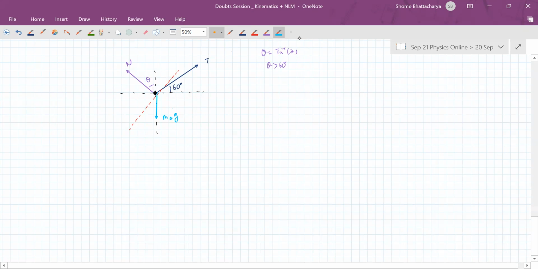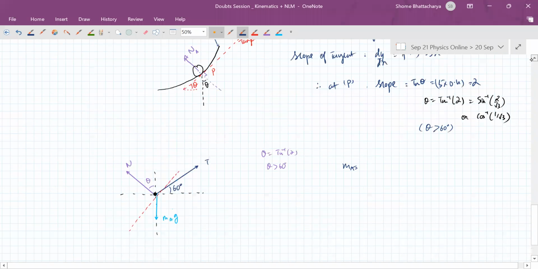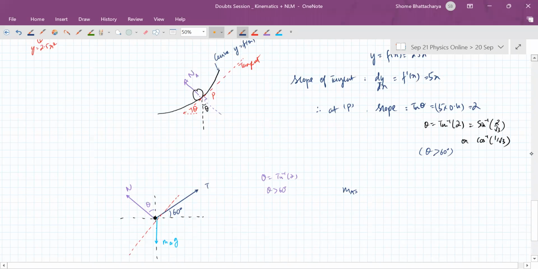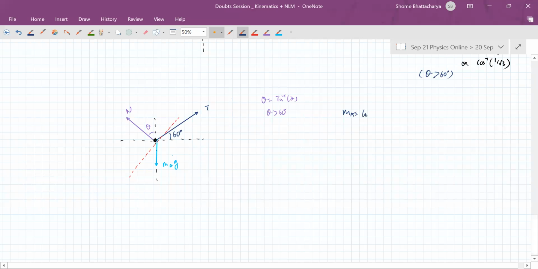So weight is the mass of A, which is given as how much? 4 kg was it? Yeah, 4 kg. Yes, sir. So here it is easier if you resolve the forces vertically and horizontally.